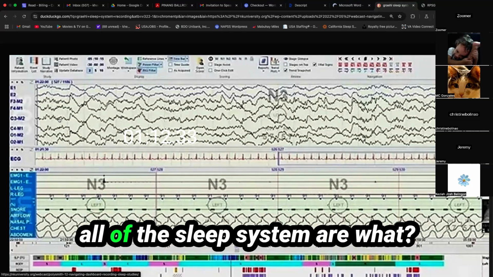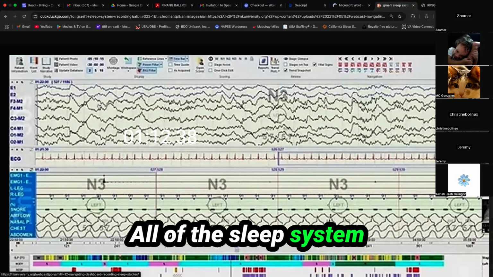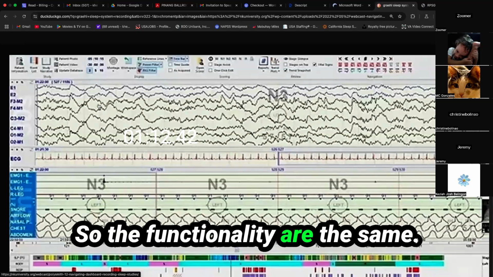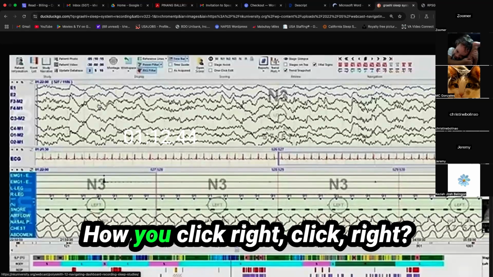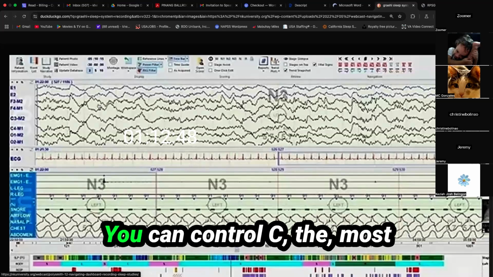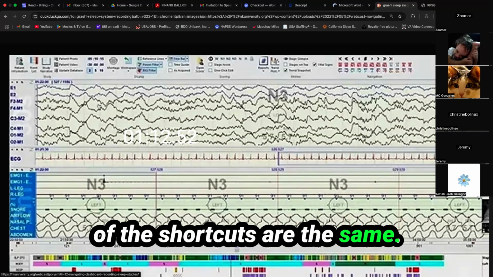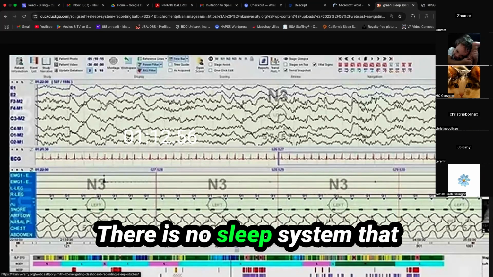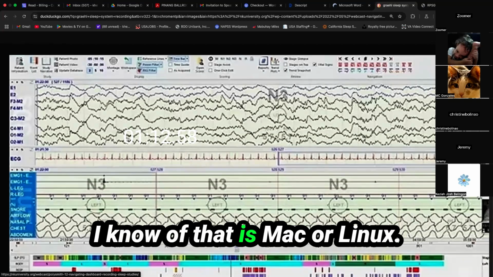And all of the sleep systems are what? All of the sleep systems are Windows based. So the functionality is the same. How you click, right click, right? They're all the same. You can Control C. Most of the shortcuts are the same because it's Windows based. There is no sleep system that I know of that is Mac or Linux for now.